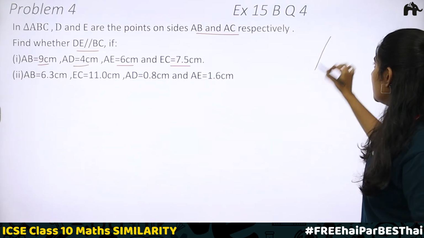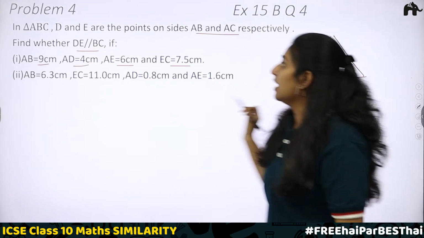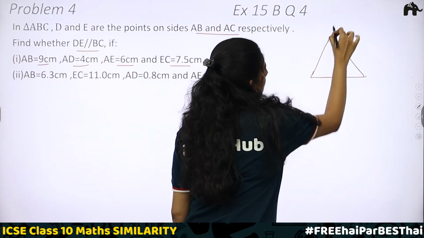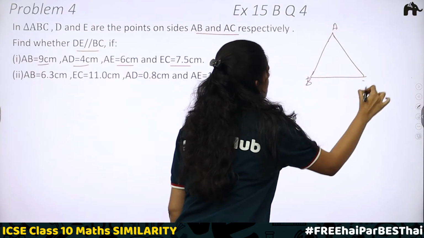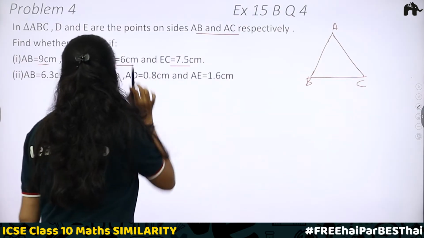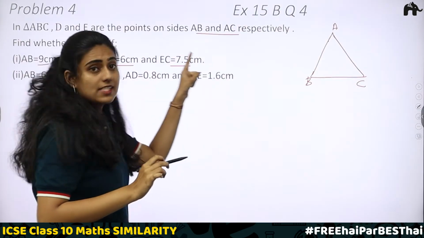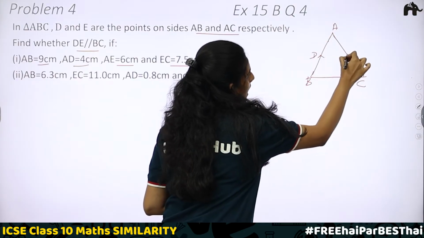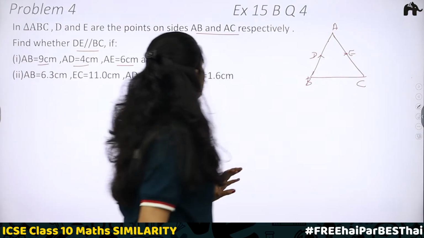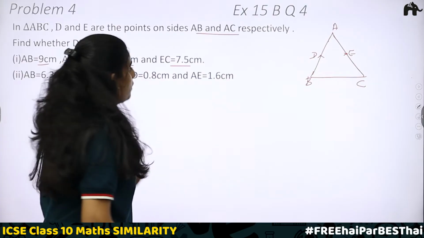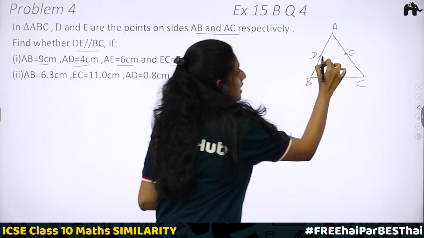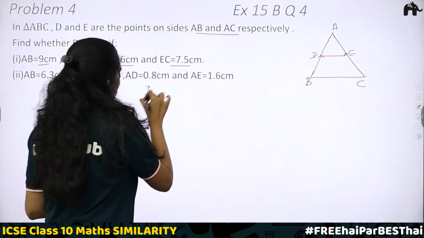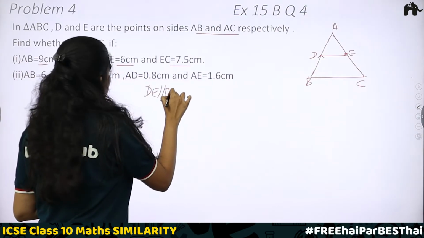Here let us consider a triangle ABC. This is a triangle ABC. Okay, we have 2 points D and E on sides AB and AC. Here we have D and here we have E. We have to find whether DE, this is the line joining points D and E, is parallel to BC.